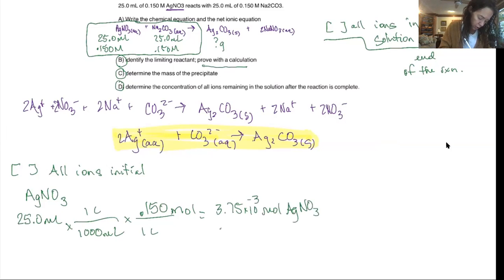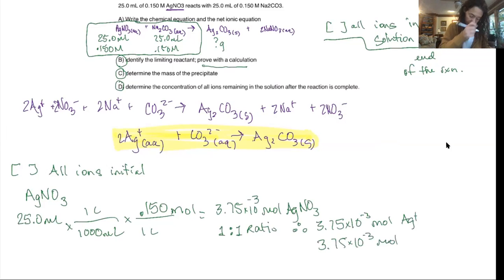And I'll just go 1-to-1 ratio. Therefore, 3.75 times 10 to the negative third moles silver and 3.75 times 10 to the negative third moles of nitrate. So I know that's how much I started with.